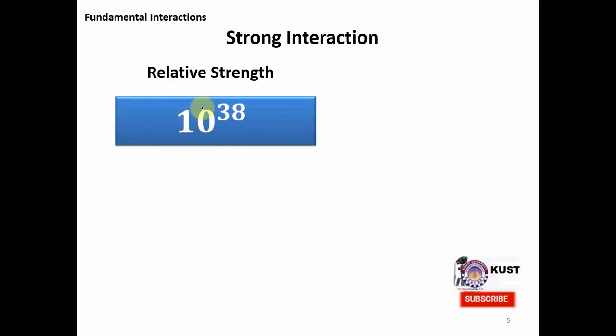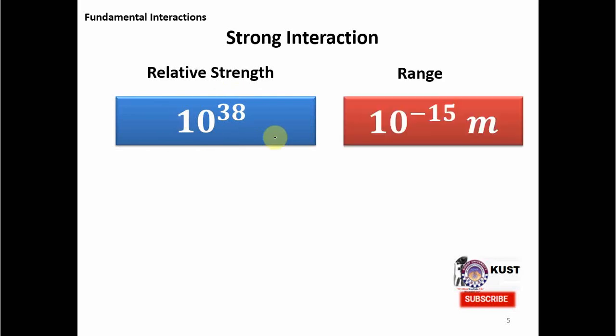That is a number which is relative to other forces. You will see the other forces will decrease down because this is the strongest force we have. So if you have 2 particles which can feel all the 4 forces, then the strong nuclear force will be the first force to act between them. So it's a faster one and therefore stronger.